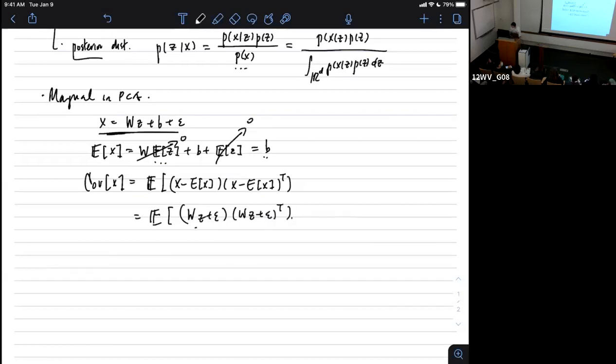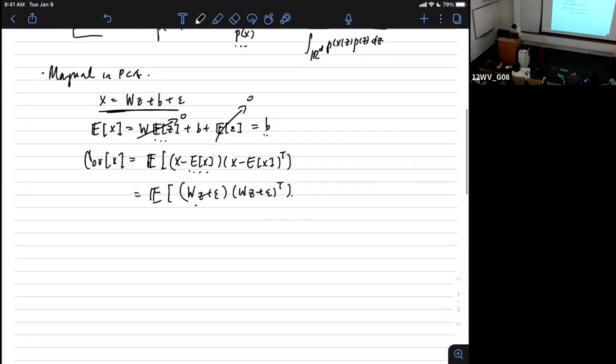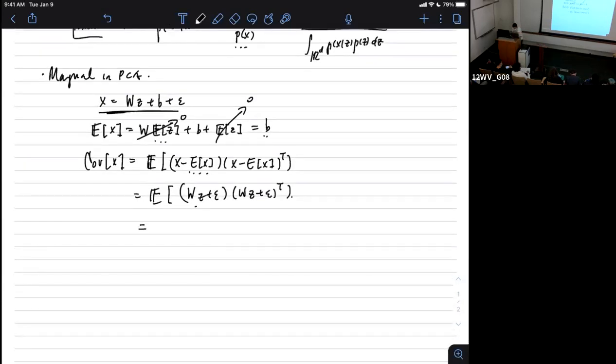The bias disappeared because we now know that the expected x is the bias, so we're subtracting the bias from wz plus b plus epsilon. So we end up with wz plus epsilon only. And after a couple of lines of expansion, what we end up with is W W transpose plus sigma square I.